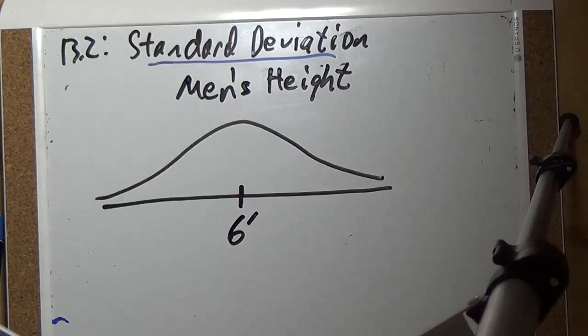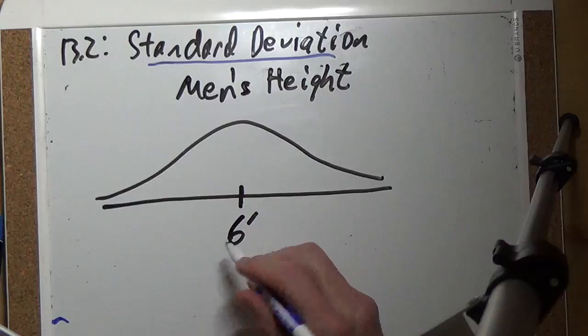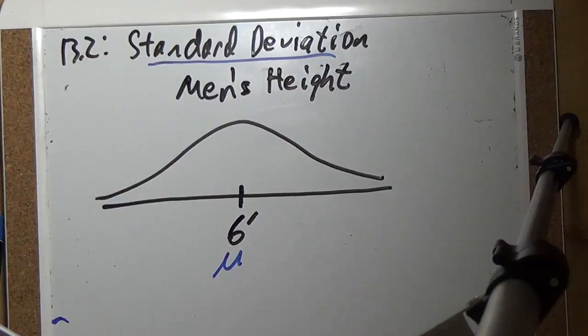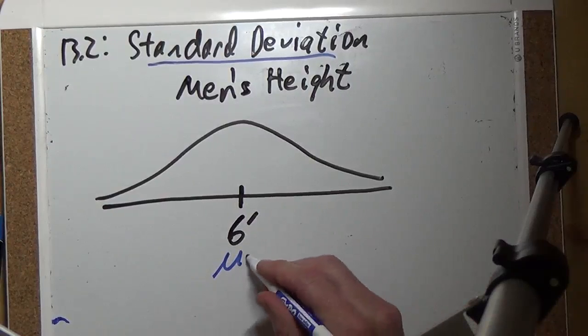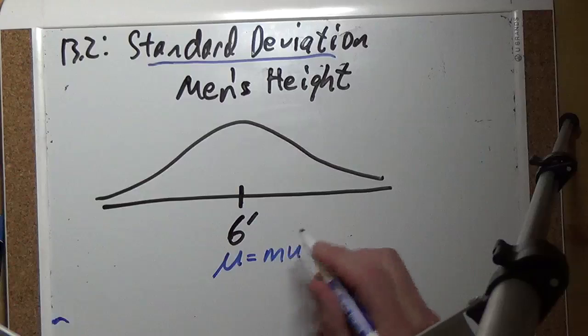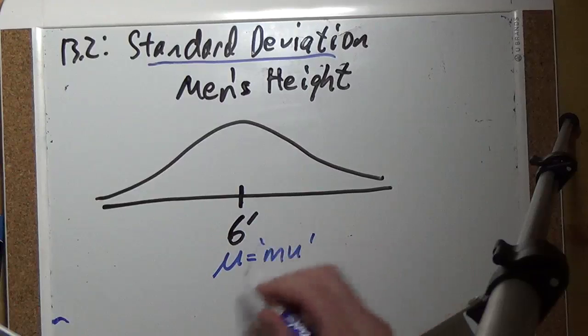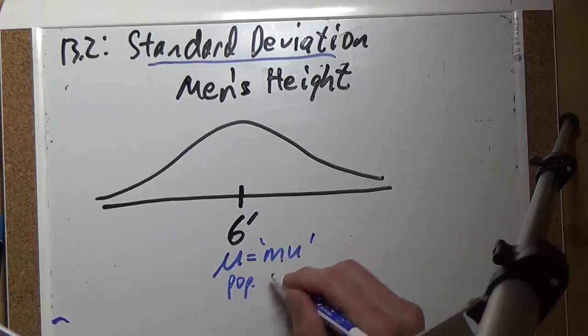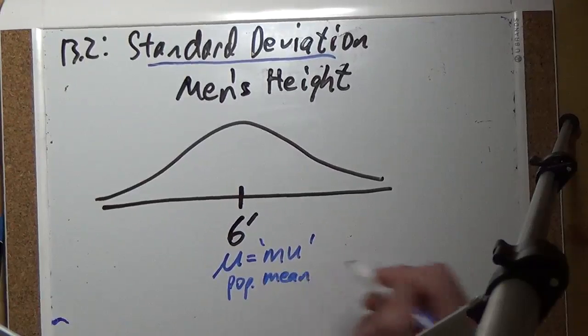Well, what we do in statistics, and in this case, this is the population mean. I just threw a new symbol at you. It's called mu, but it's population mean. Sorry about that.